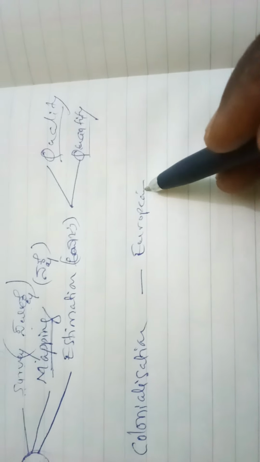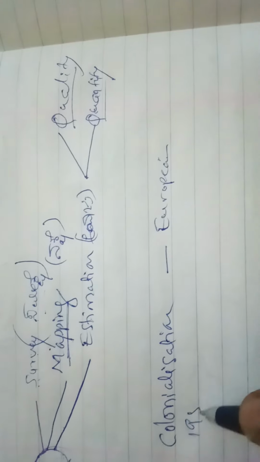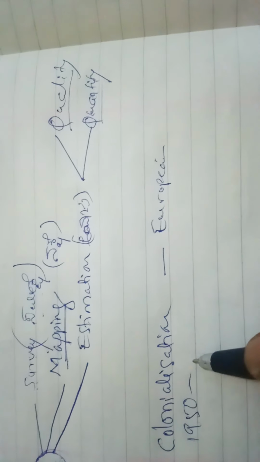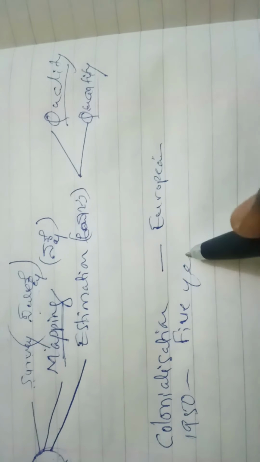So proper utilization of resources, or resource planning, has been given importance in India since the period of colonialization. Then from the 1950s, India gave importance to the adoption of 5-year plans.